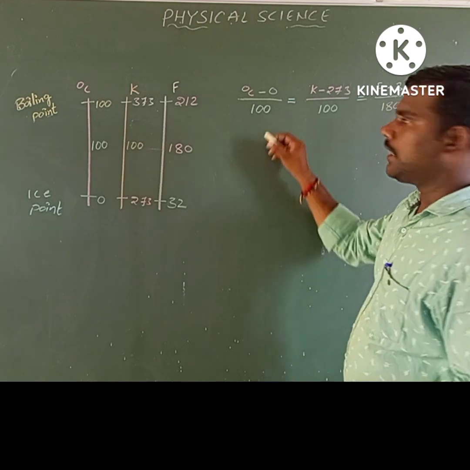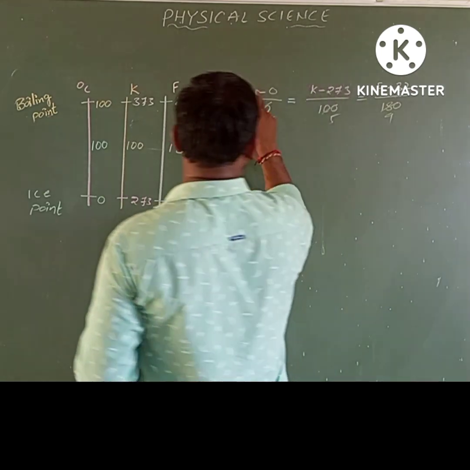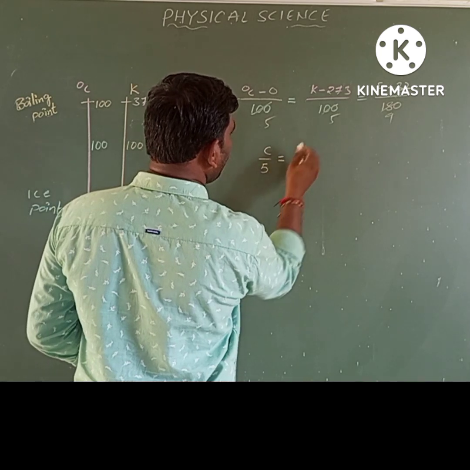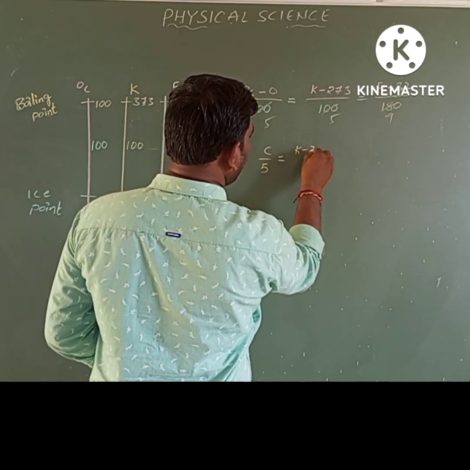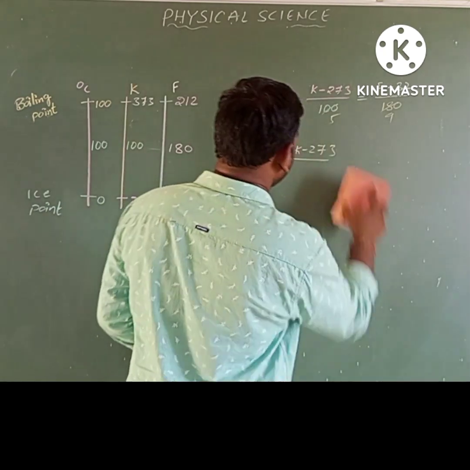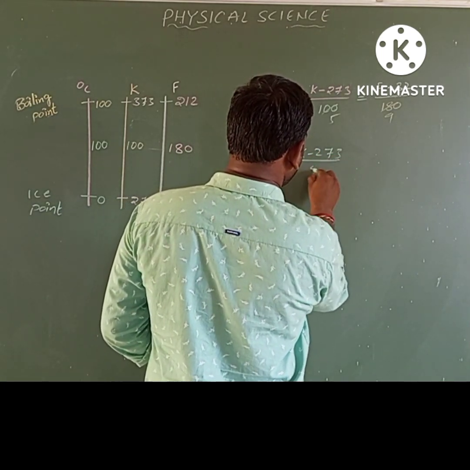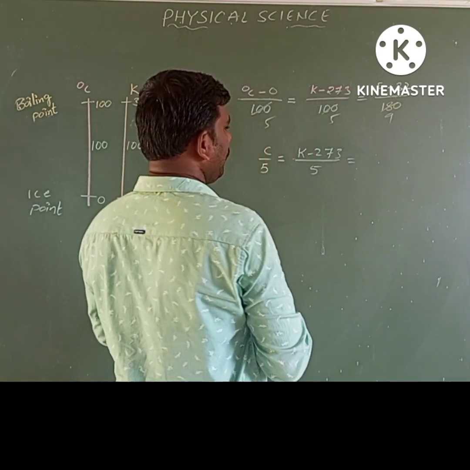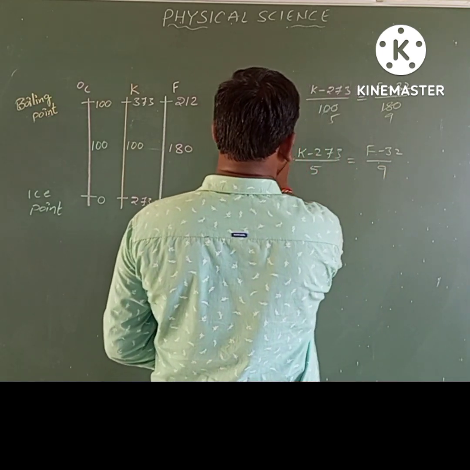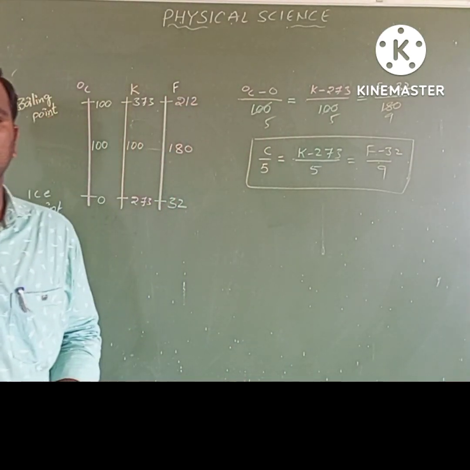Here you can divide by 20 to get 5 and 9. Then you can write degree Celsius minus 0, that is C by 5, equals K minus 273 by 5, and finally F minus 32 by 9. So this is the formula to use to find out the temperature conversions.